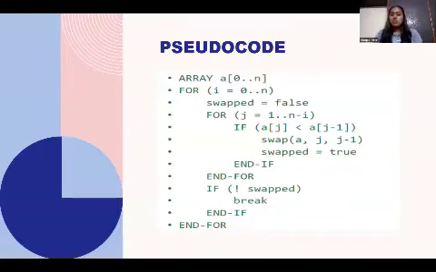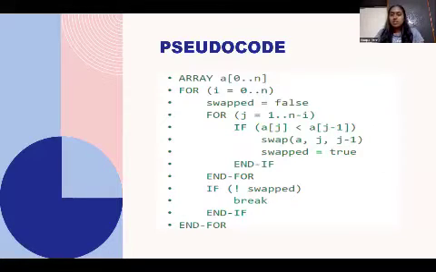Next, we'll go to the pseudocode. Here, there is an array 0 to n. We will consider for i equals 0 to n, swapped will be equated to false. And then we give another loop for j equals 1 to n minus 1.